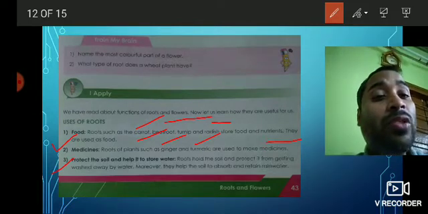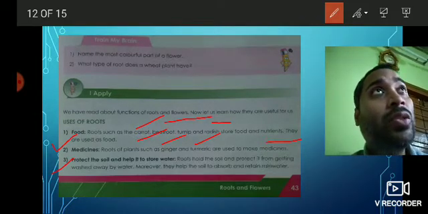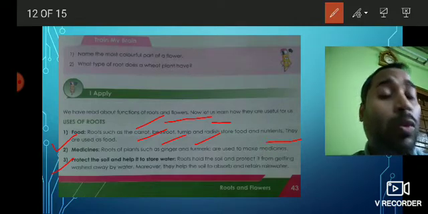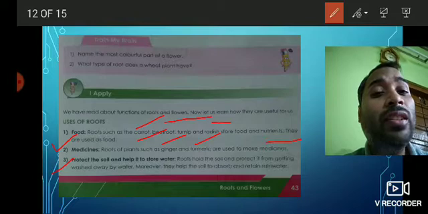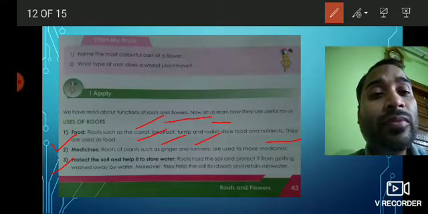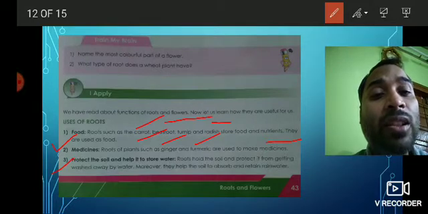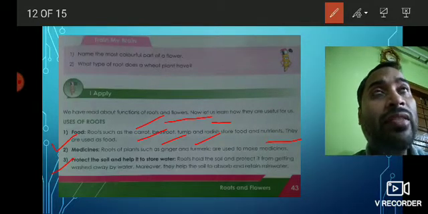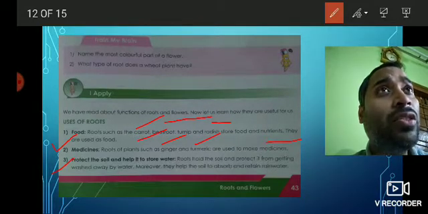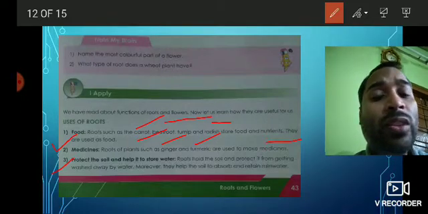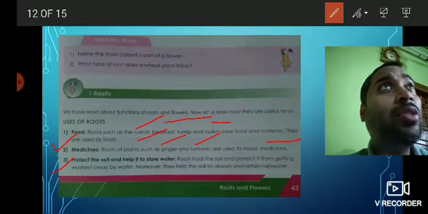And it helps to store water. Along with that, it also stores water as groundwater, and that groundwater we use for our various needs. So roots hold the soil and protect it from getting washed away by rainwater, specifically during a flood also, when water moves, it may carry away the topmost layer of the soil.